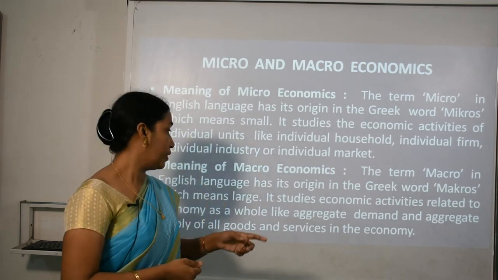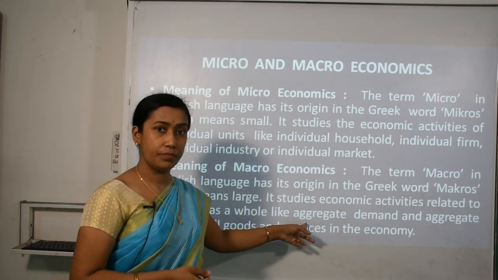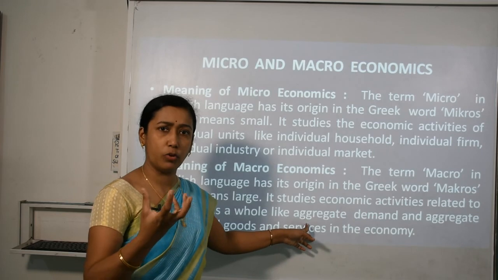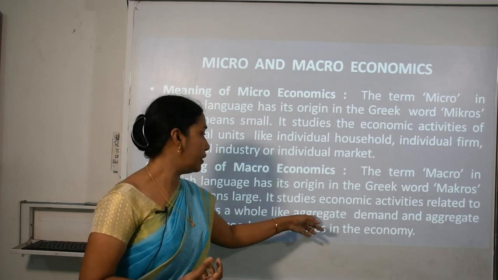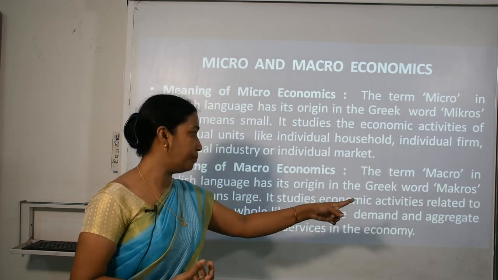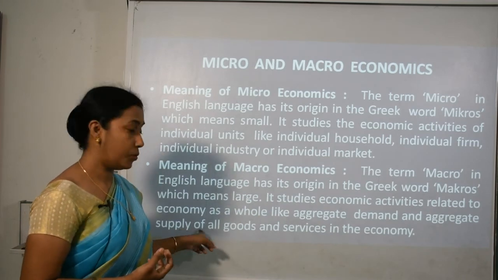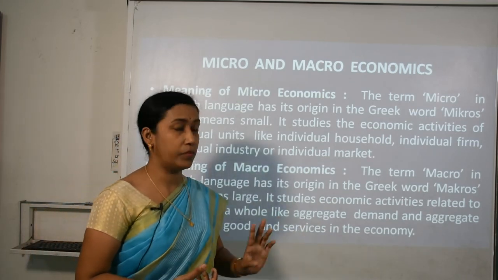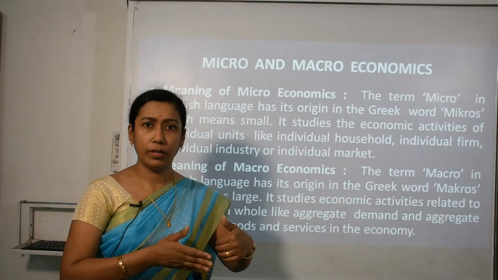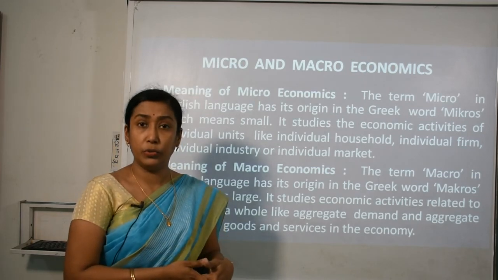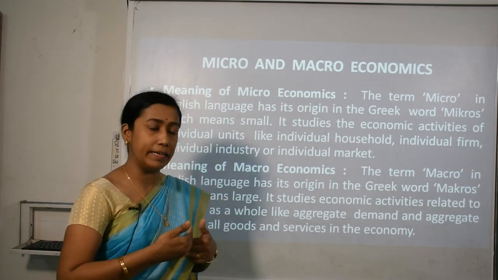Aggregate means a large group, a bunch. So it deals with aggregate demand and aggregate supply of all goods and services in the economy, and other aggregate units also.